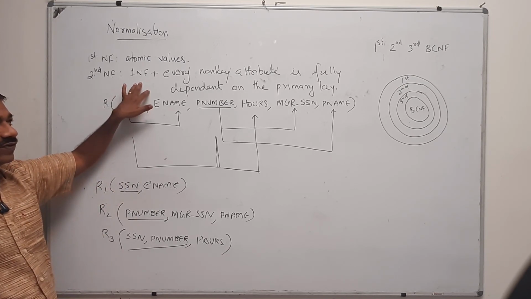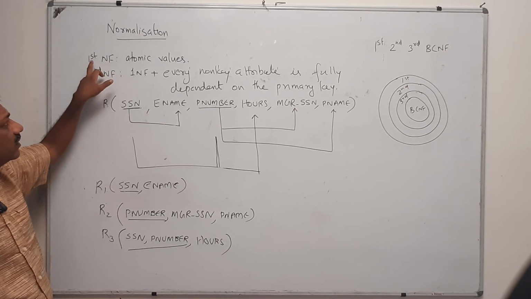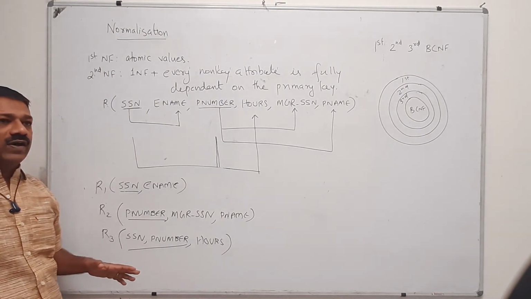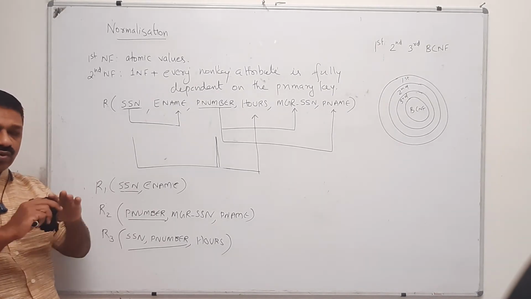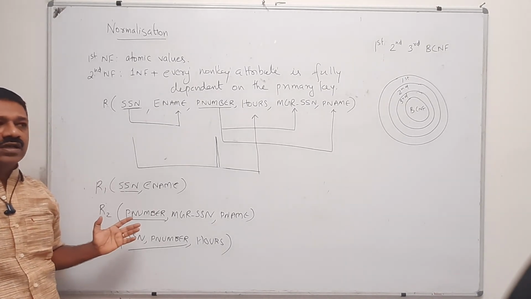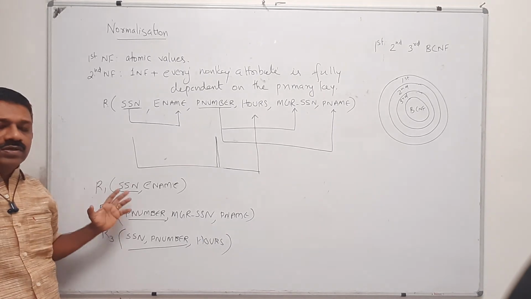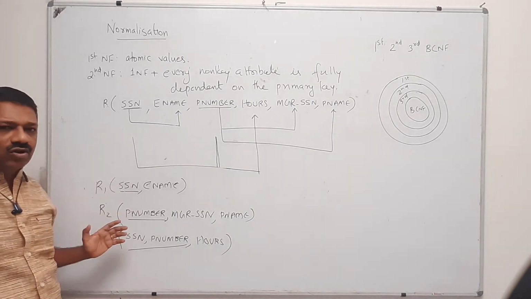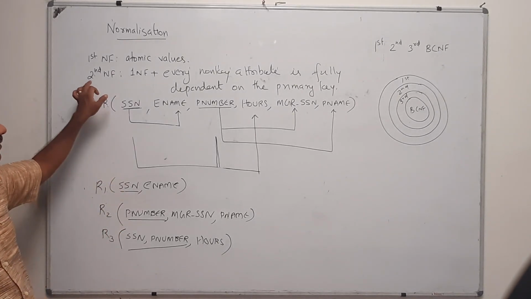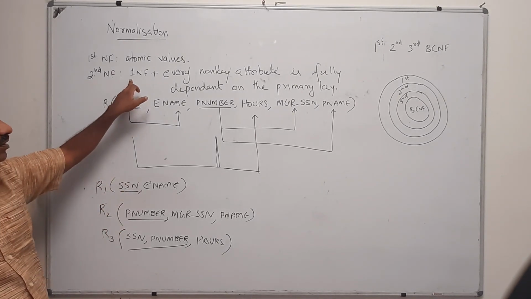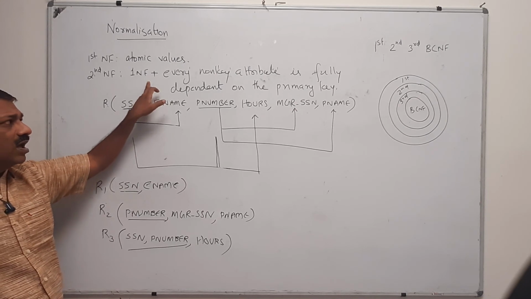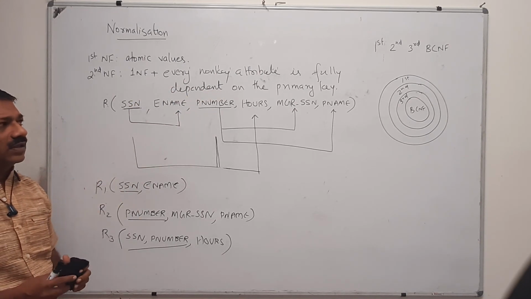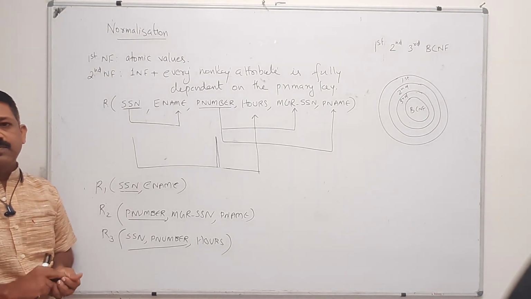What is the condition for first normal form? For a table to be in first normal form, every attribute value should be atomic. That means you can't further divide those atomic values into separate values. That means it is not decomposable. That is the meaning. Then if it has to be in second normal form, it should be in first normal form, and every non-key attribute is fully dependent on the primary key. That is full functional dependency.